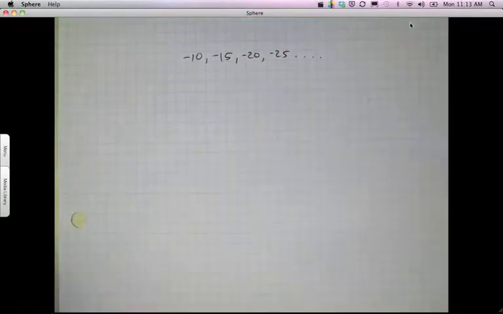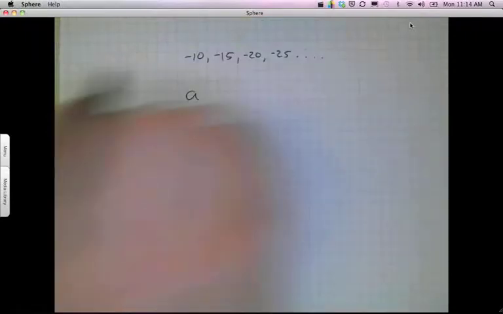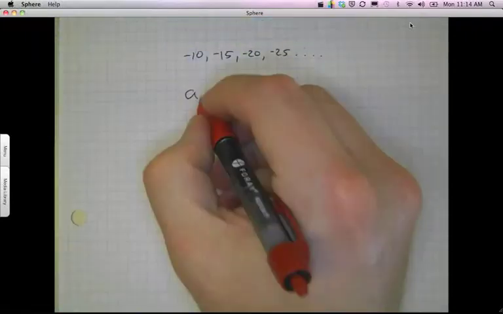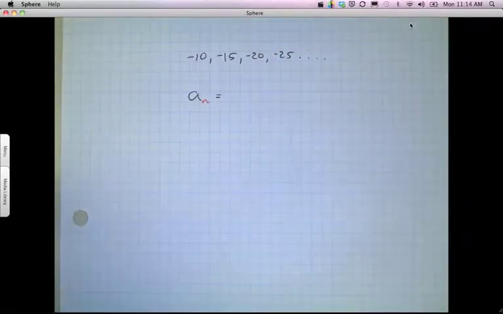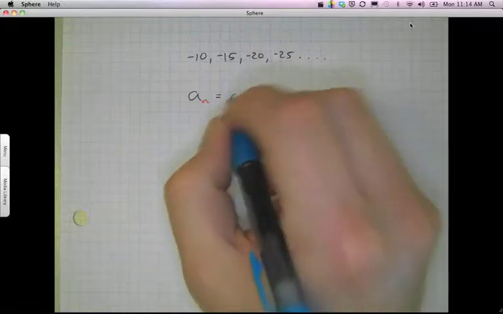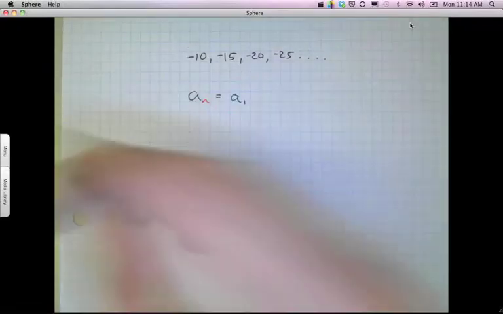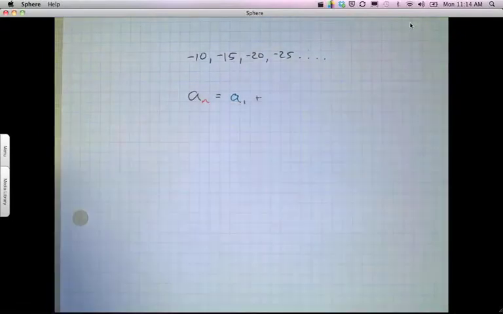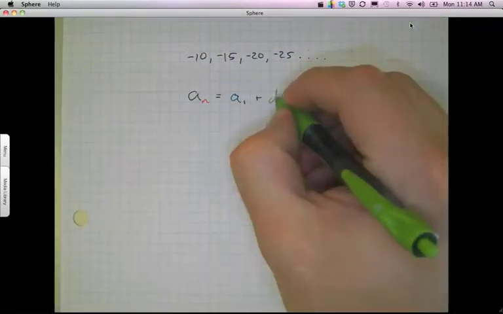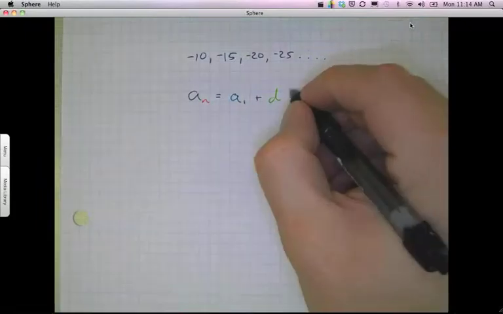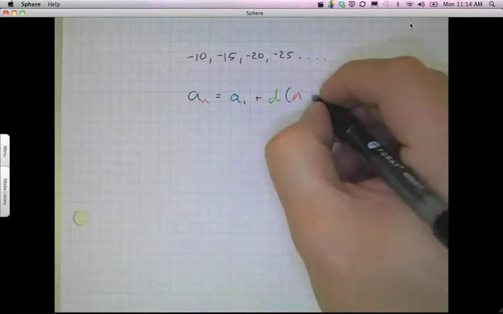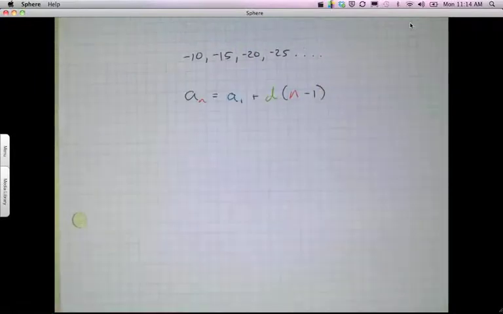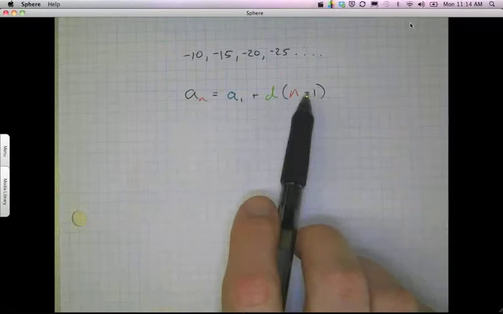If I was going to turn this into an expression, I would say that A sub n equals A1 plus D times parentheses n minus 1. And that is my general form of my equation.